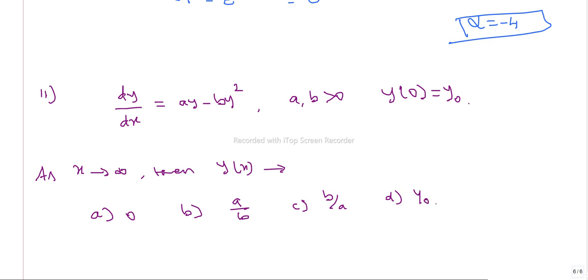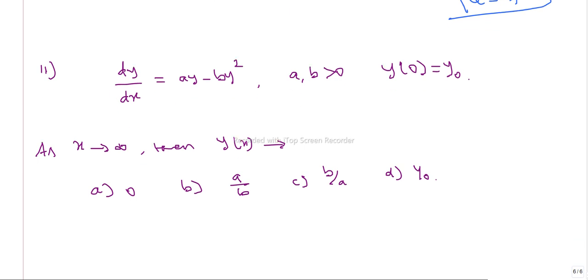So we have to find the solution. Once you find the solution, substitute x going to infinity, we can see. So we can apply this by change of variables. How can we do this?